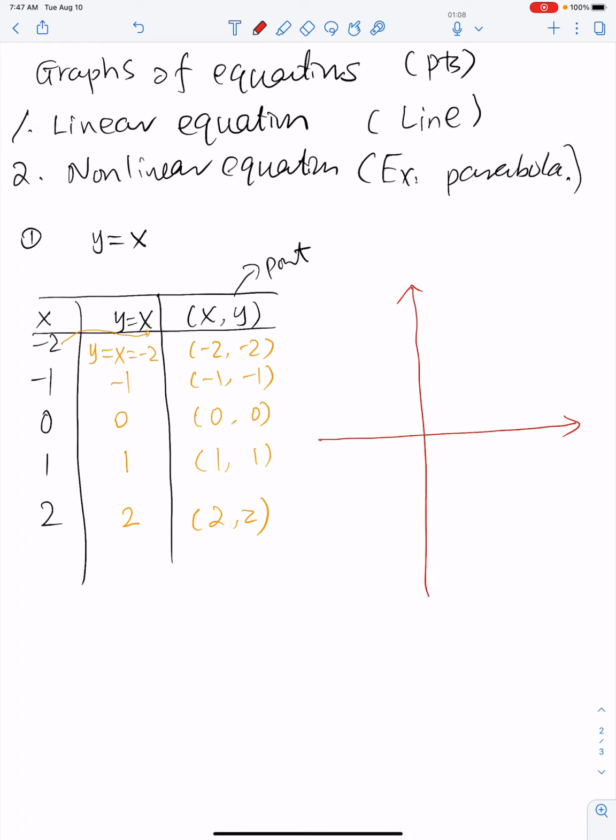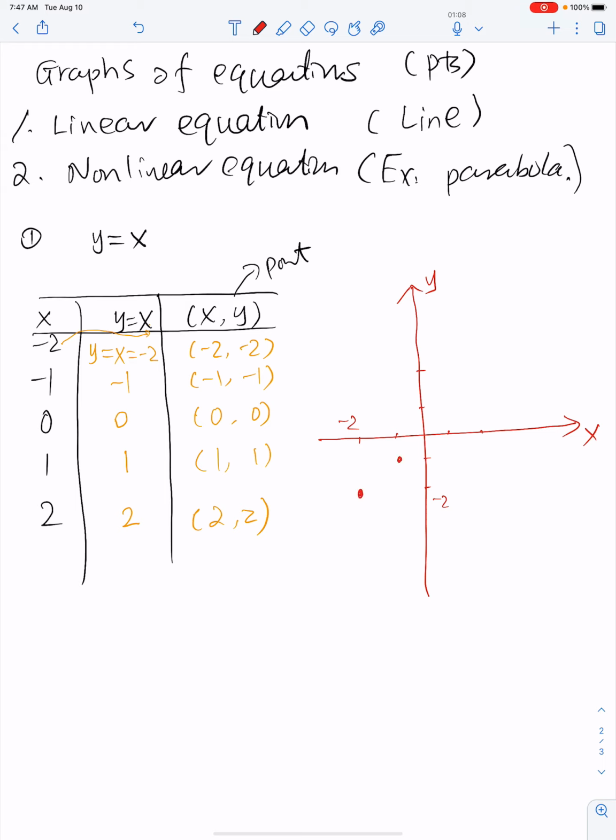Okay, so the rectangular system has x and y: 1, 2, -1, -2. Where is -2, -2? Here is -2, here is -2, so it's right here.